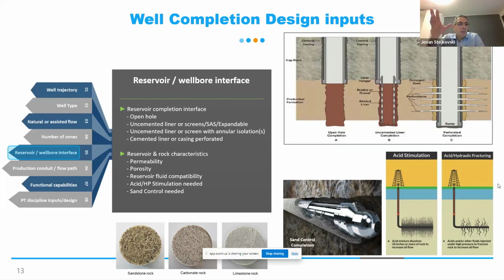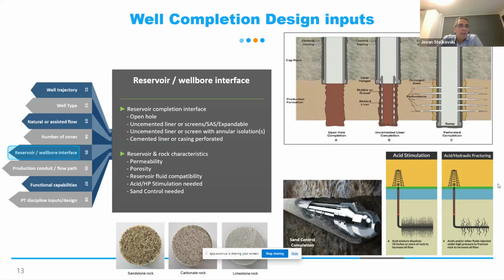So whenever you start talking about new wells, the first thing I ask the reservoir guy is about the rock formation. Is it consolidated, semi-consolidated, which kind of rock is there? Is it sandstone, carbonate, limestone? How confident is he that we can drill through this and not have a collapse of the reservoir, or do we have loose sand, which will be impossible for us to complete, and we need some sand control?